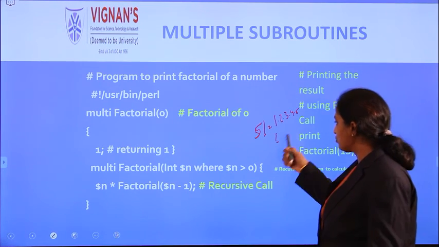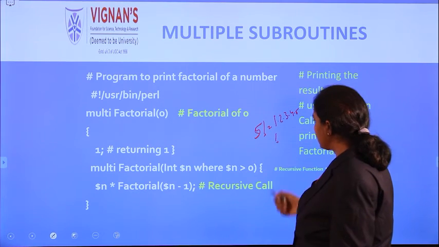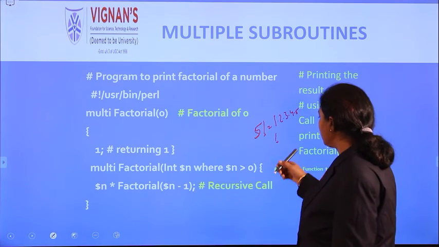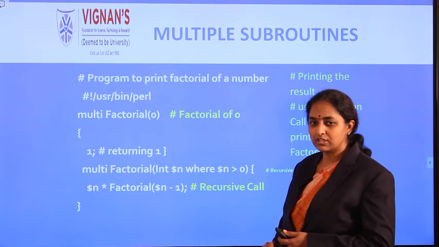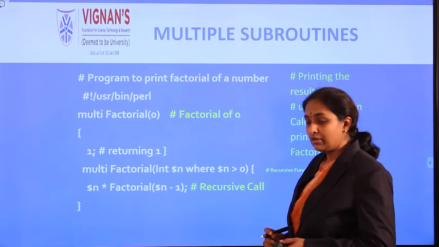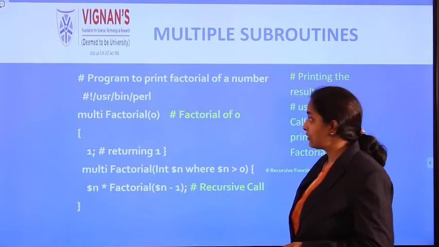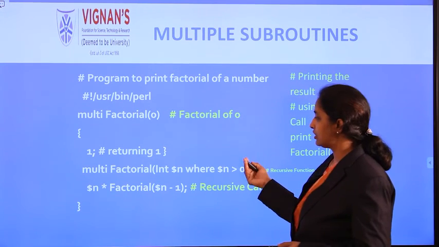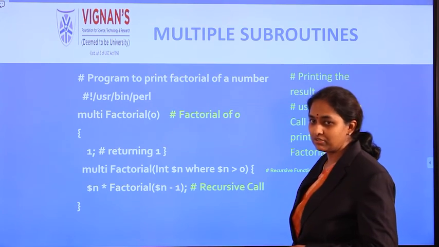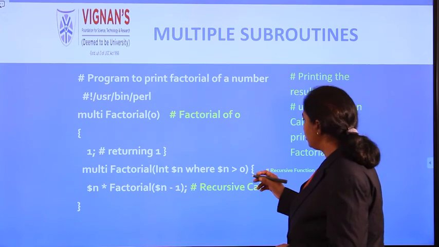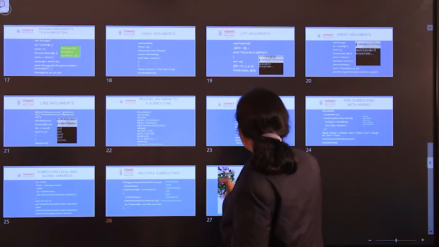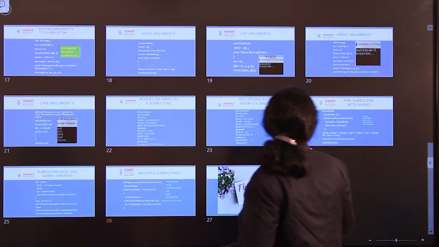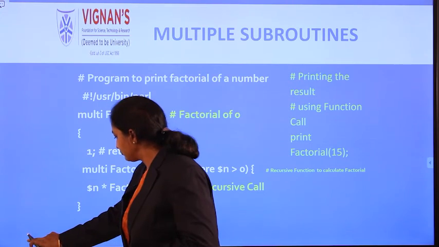So far we have seen how to pass data types into functions by using references. Now we will see how to handle the recursion operation in functions. Suppose you want to find the factorial of 5.